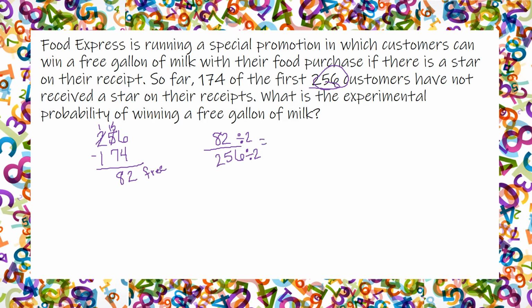So I get 41 and 128. So the odds of winning a free gallon of milk, the probability of winning a free gallon of milk, is 41 out of 128.